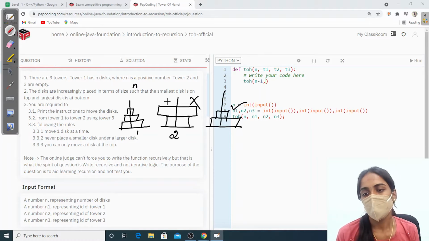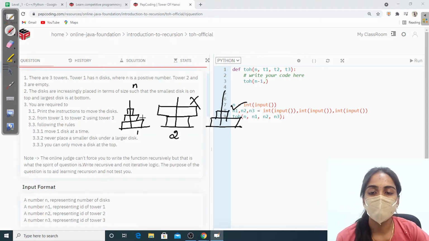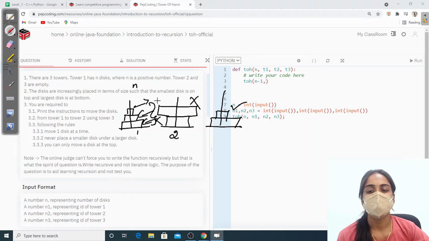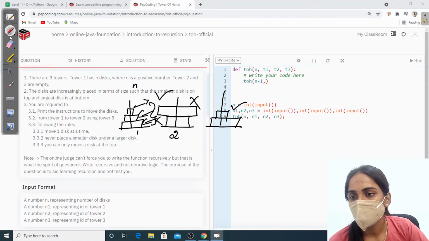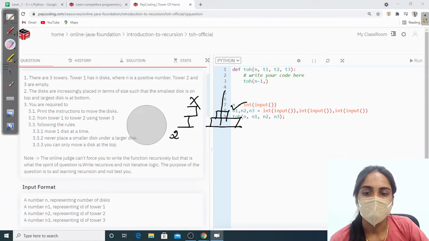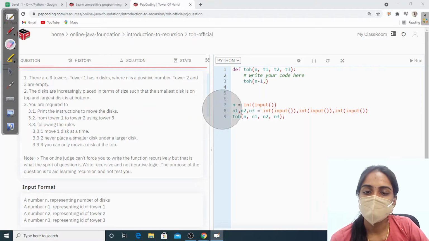Then, you can only move the disc at the top. We can't move the discs below, like a stack, we can only move from the top. This is our question.